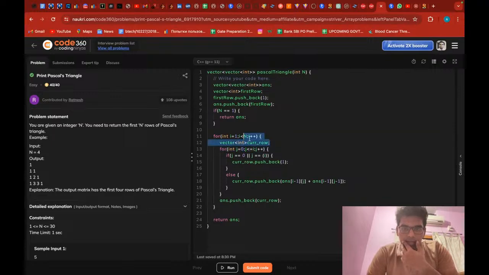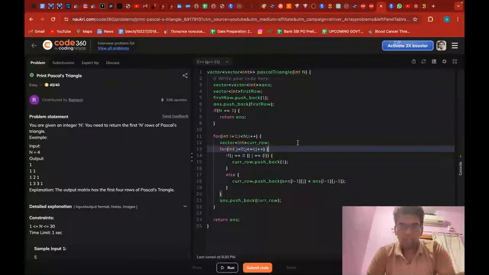For I is equal to 2, I will be traversing 3 times. So for every particular I, that many traversals ultimately lead to the sum of n natural numbers, 1 plus 2 plus 3 till n, which is n into n plus 1 by 2.